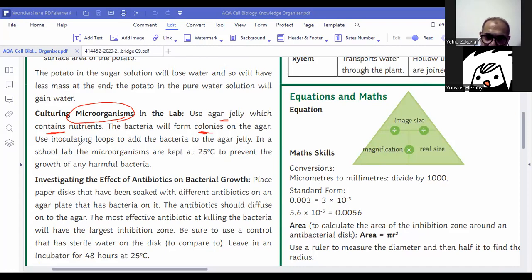In a school lab, the microorganisms are kept at 25 degrees centigrade to prevent the growth of any harmful bacteria. This is the condition we use to grow the microorganisms: a suitable temperature and a nutritive medium. Okay?